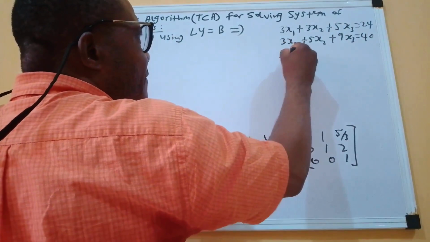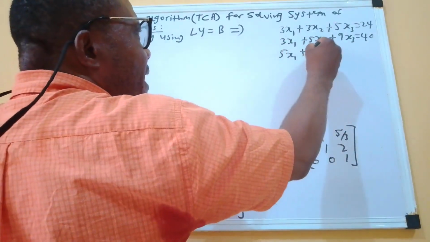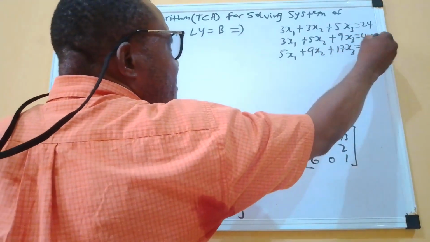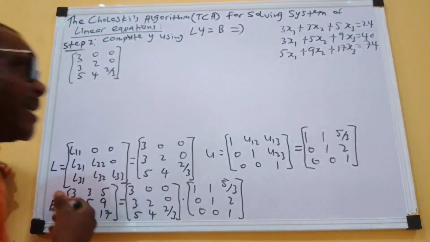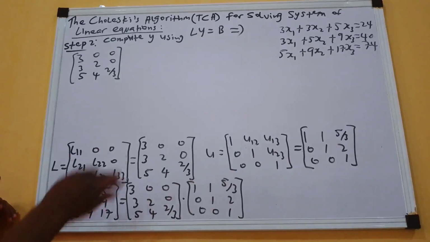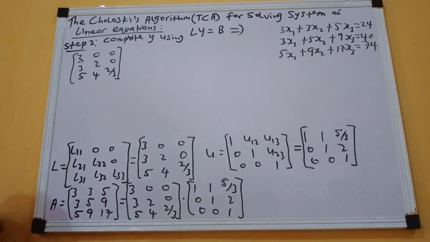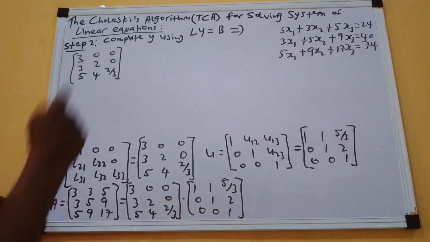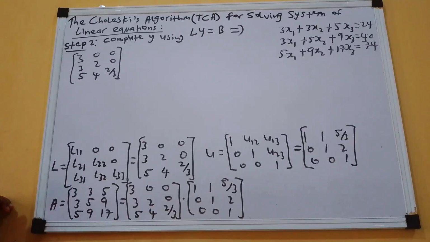And 5x1 plus 9x2 plus 17x3 is equal to 74. You can see that the problem is already at my fingertips. So now we have our A. Of course, the unknowns are x1, x2, and x3. Then the right hand side is 24, 40, and 74.